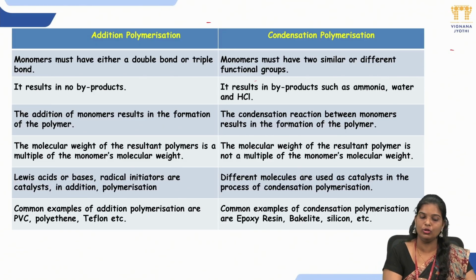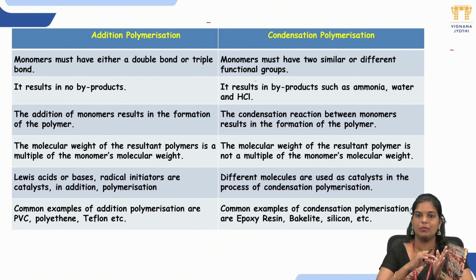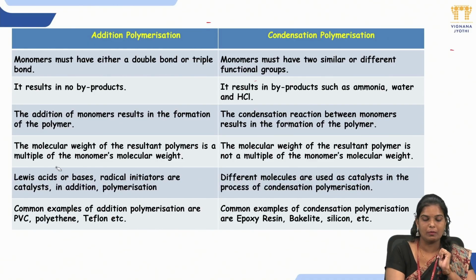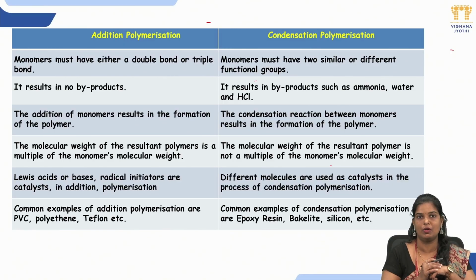What about the fourth point? Since in addition there is no removal of byproduct, however many monomers are getting added up, the polymer chain will be of the same number. So it is a multiple of the monomer's molecular weight. Whereas in case of condensation, since a small molecule is getting removed, it will never be the same multiple.